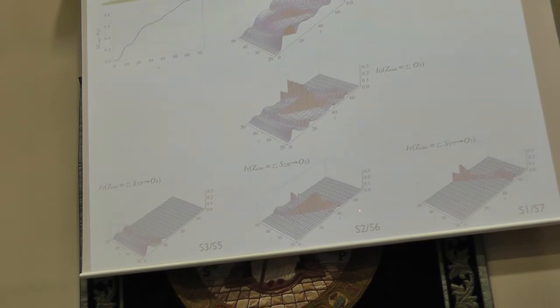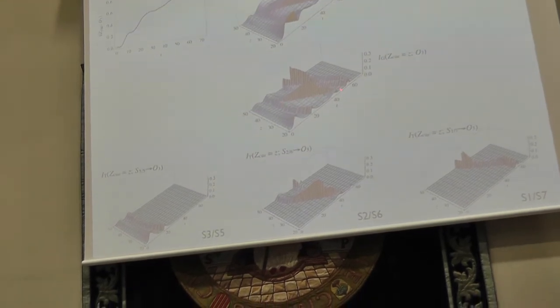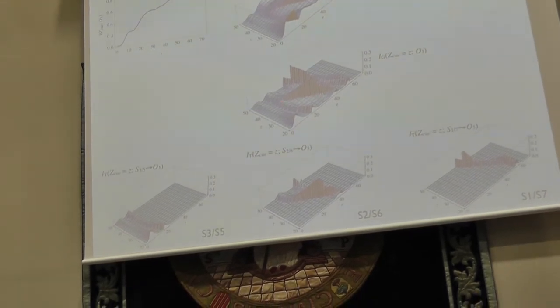The information transferred from these sensory pairs corresponds to this, and here, and here. So what this suggests is that, looking at this information theoretically, basically all the information being accumulated in neuron 3, in that inner neuron, is coming directly from the sensors.